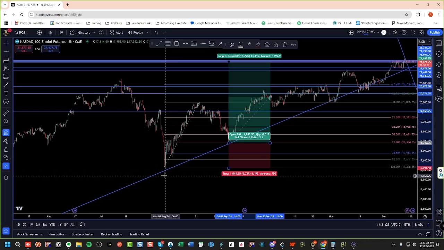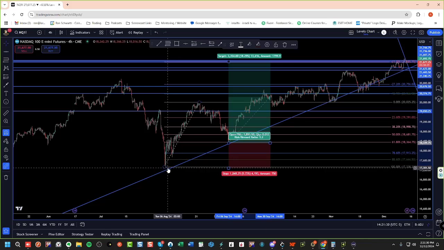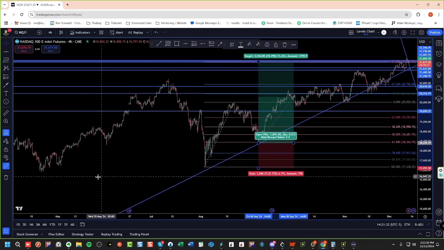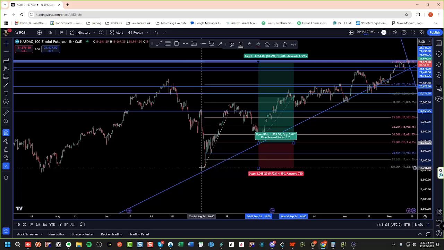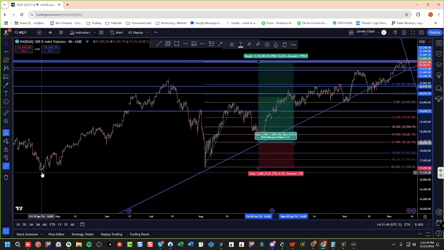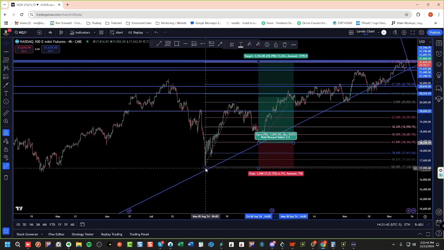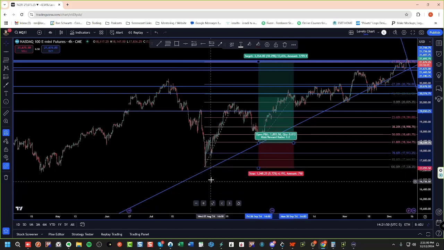Remember, these are all about moves. This was the low of the move. Wasn't anything lower, right? Except for here. But how much time did it take for it to get here? 2 months maybe.